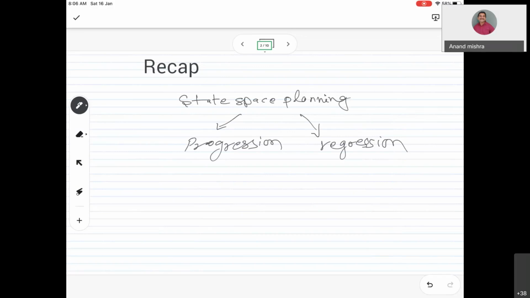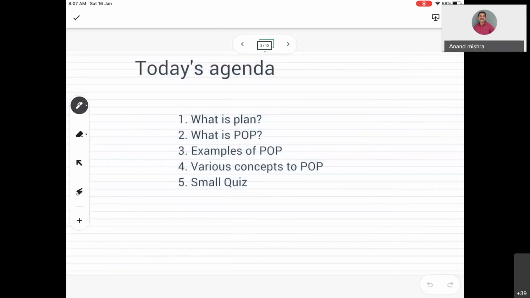Before that, we also talked about how actions are represented using precondition and effect. So let's start from there. Today's lecture is about partial order planning. Before we know what partial order planning is, let's try to formally write some of these things.